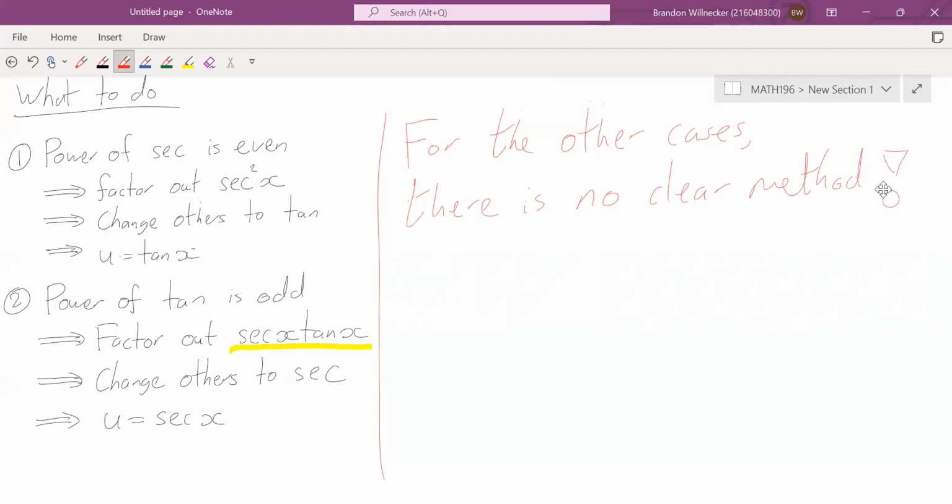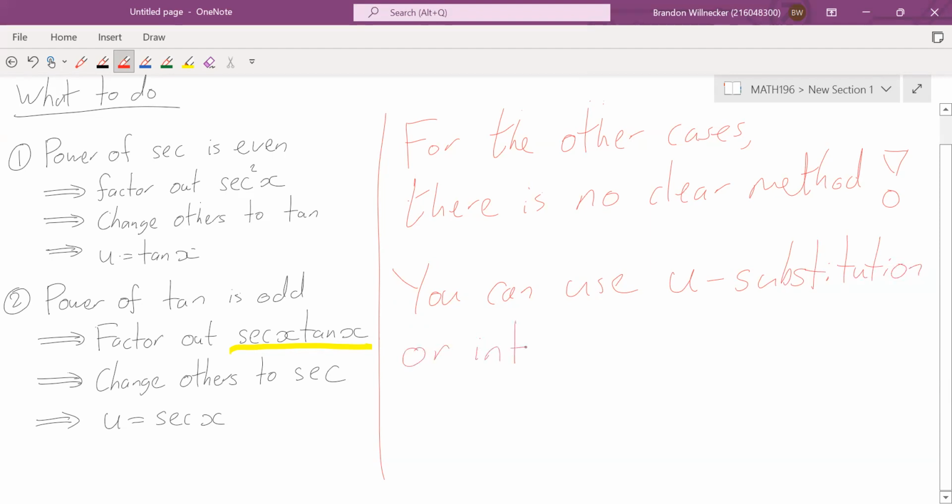That's a bit disappointing. However, given those cases, U substitution might help, or integration by parts.